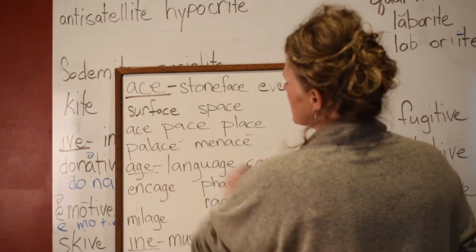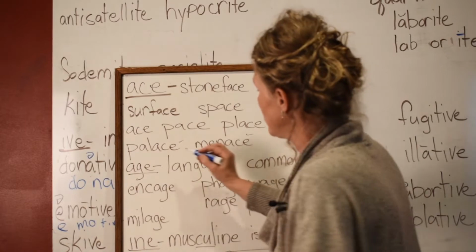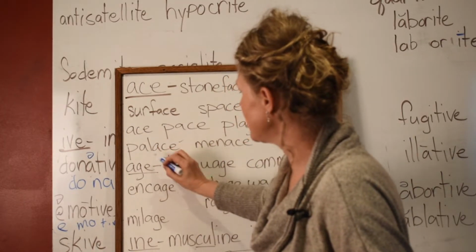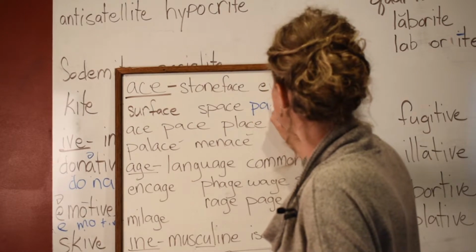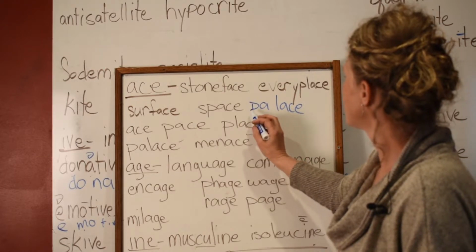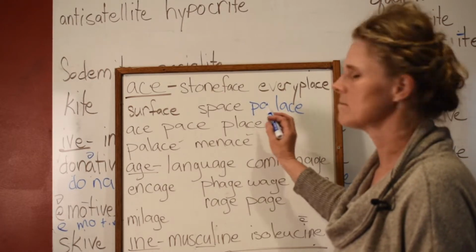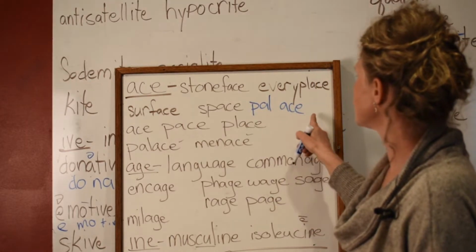Let's break these words apart. We know that this ACE is going to grab that consonant, right? So it's going to break super easy. Okay, so now look at this. Now let's read it. Payless. That doesn't sound right. So just switch it. Palace.